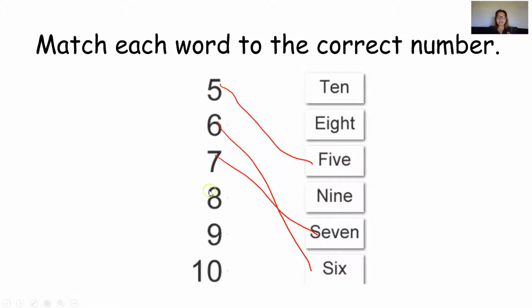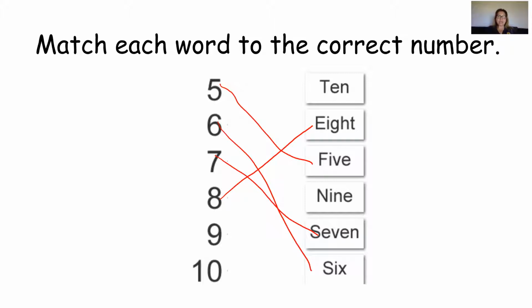Next number is an 8. 8, boys and girls, it's a little tricky because the number 8 starts with an E. And it kind of sounds like an A, but it's actually the E-I-G-H that makes the A sound.